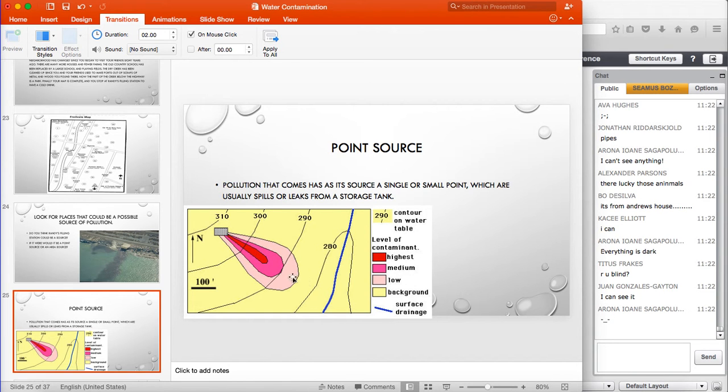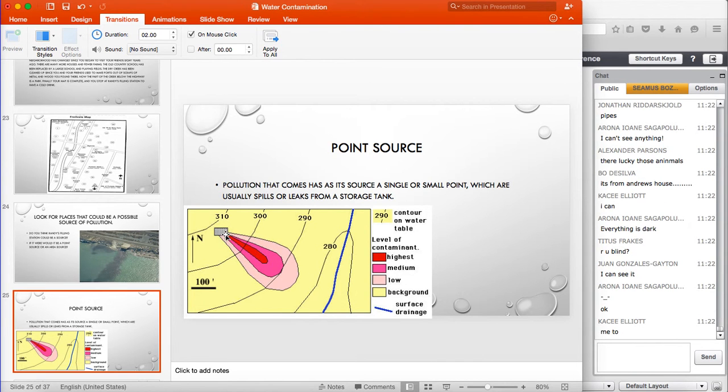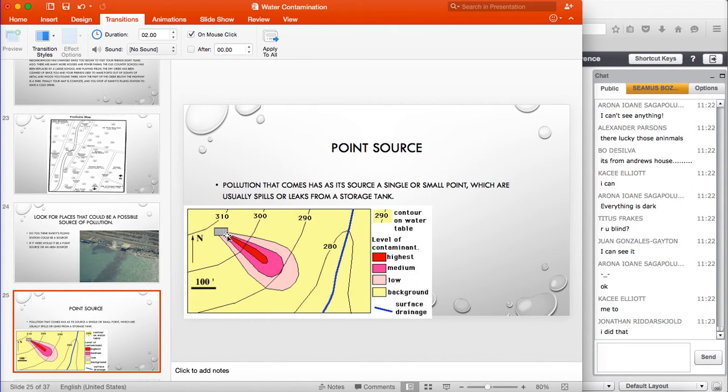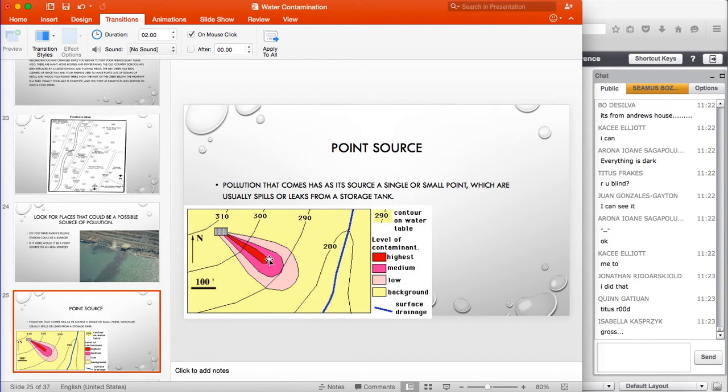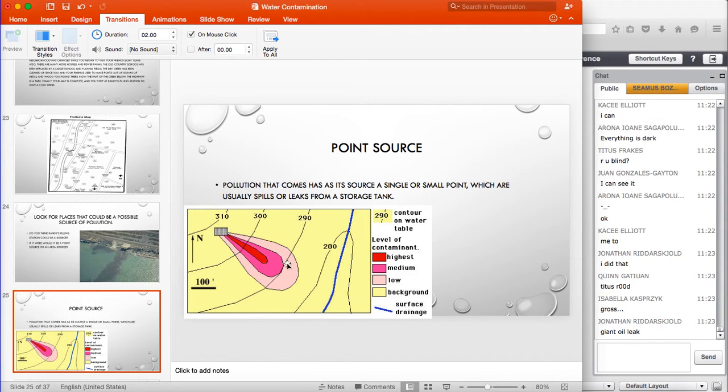Okay. So what we have here is a point source, and you can see that the pollution comes in what we call plumes. This is really important stuff. The plume kind of spreads out from this one point. Why do you think it spreads out this way and not up this way? Can be incline.